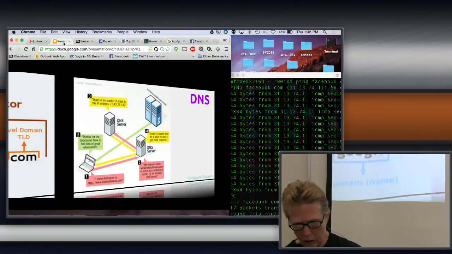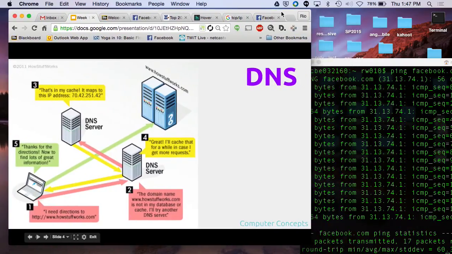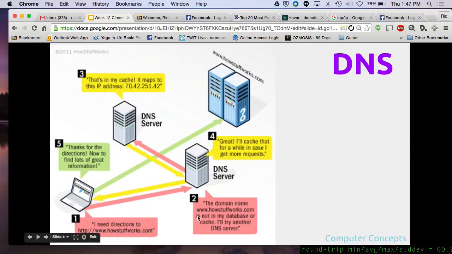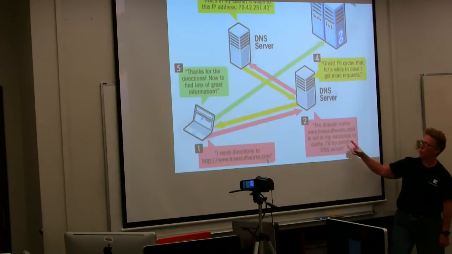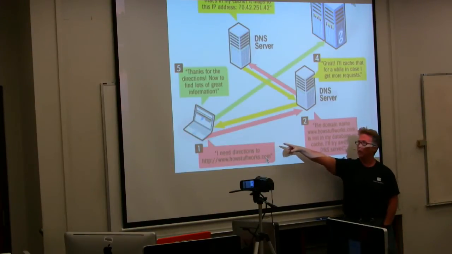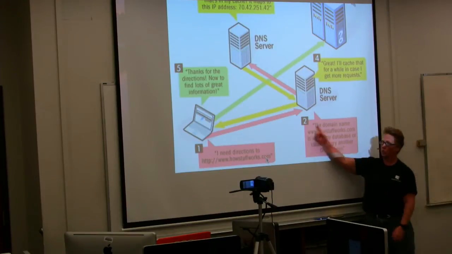And here's the image for it. So you have to have a lookup. The first thing that happens when you type in right here, I need directions to, and this is just an example of how stuff works, but it could have been Facebook in our example, is it asks whether the domain name is in my database. Your browser, when you type in a website, is going to ask the local DNS.